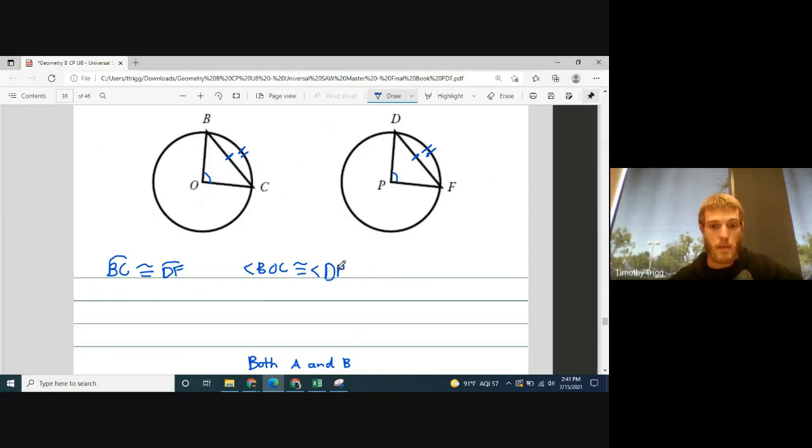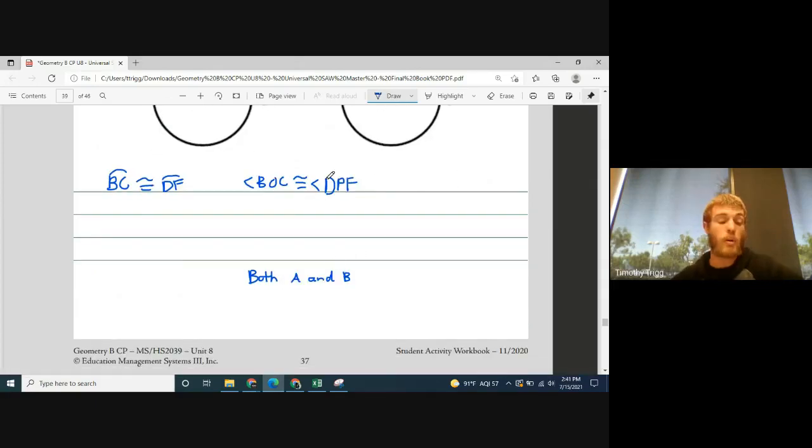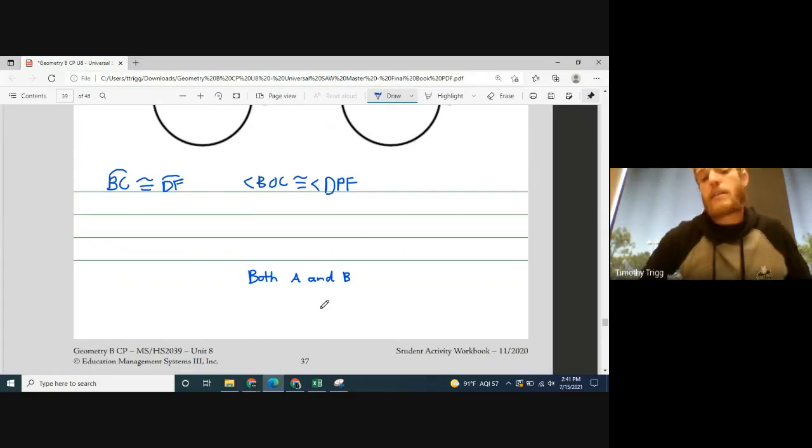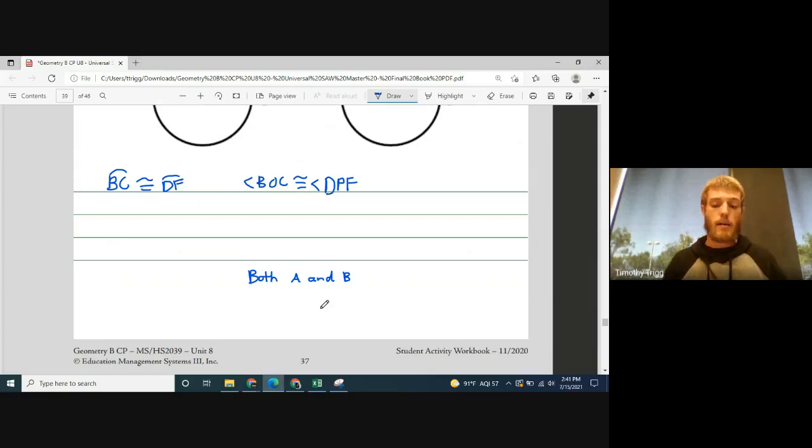Now on the test, you're going to get a question just like this. And I think there's a mistake on it. I don't know if they've fixed this mistake yet, but basically you want to click the answer choice that says both A and B. It'll say answer choice B, both A and B, which is kind of weird.